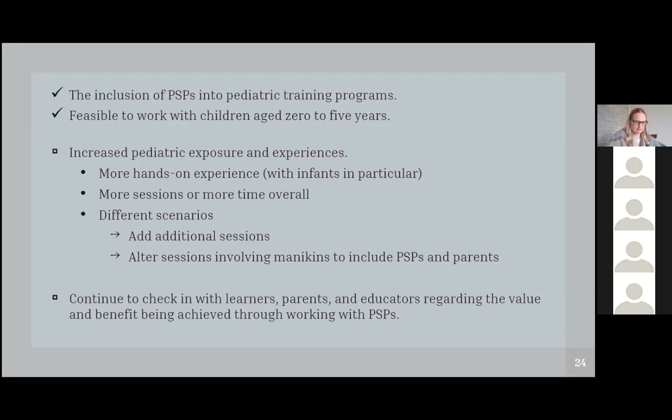And yeah, I think future research, just to add something that I would like to look into, is what is the optimal amount of pediatric exposure? Everybody kept saying more, and I don't know what more is. I don't know where we need to draw the line in the sand, in a sense.